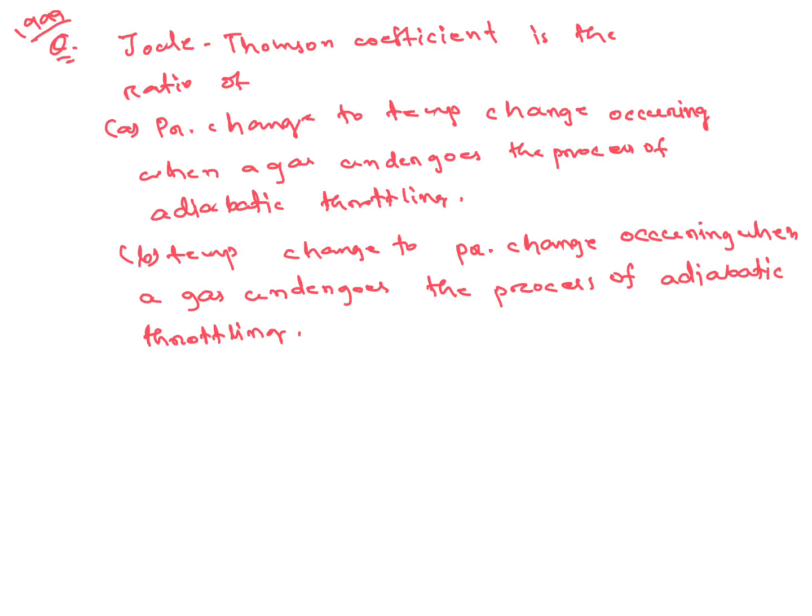It's mu J/T, dT by dP at constant H. So its answer is B, temperature change to pressure change occurring when a gas undergoes the process of adiabatic throttling. Adiabatic throttling means H is constant.